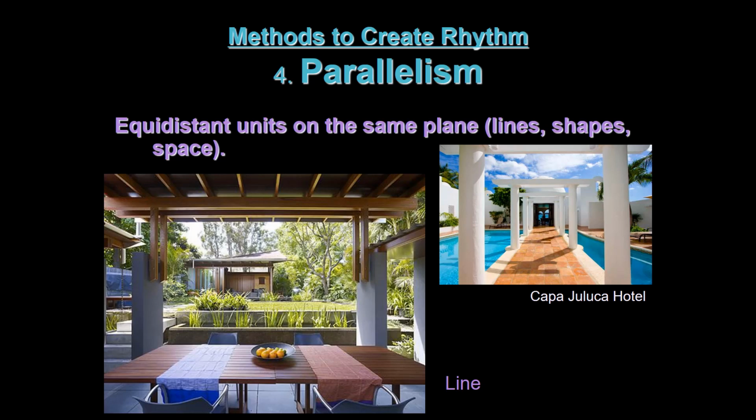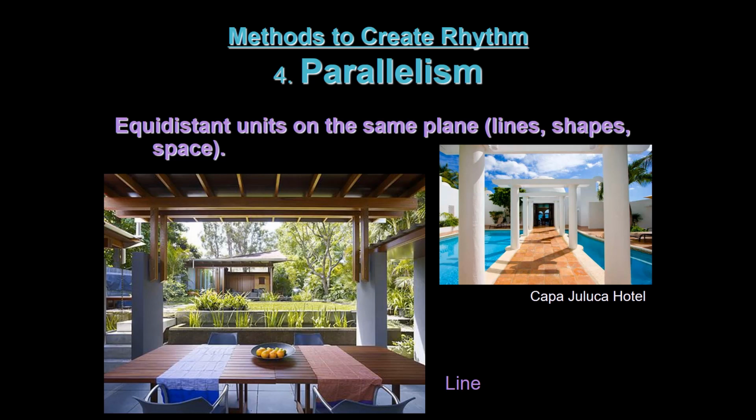Here on the left, the joists in this outdoor architectural piece are one way of creating this equalized movement. What else can we see? Very simple things: the slats on the table run equally from each other within the same plane. The chairs are even aligned with the table runners, as a couple of examples.